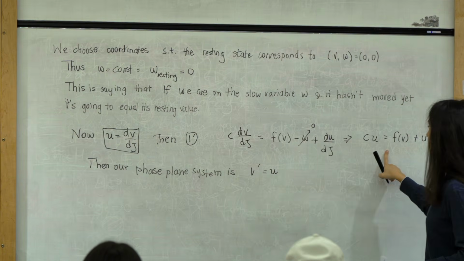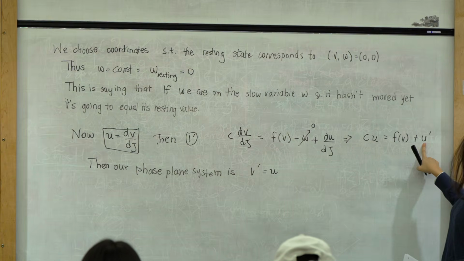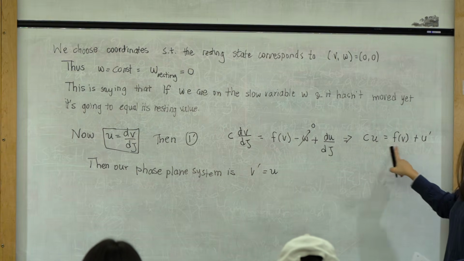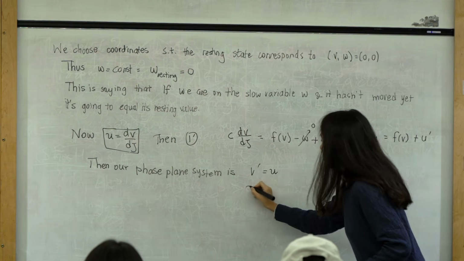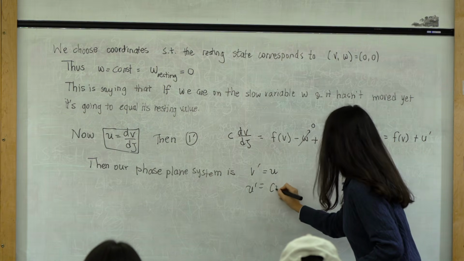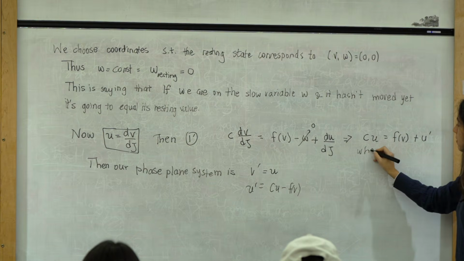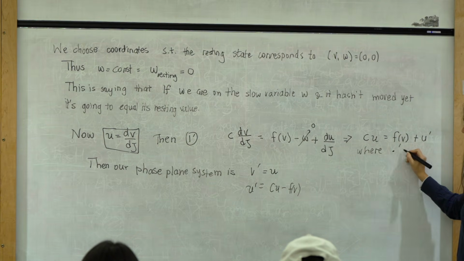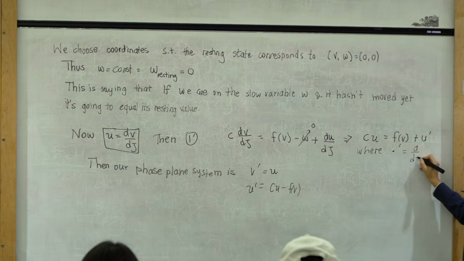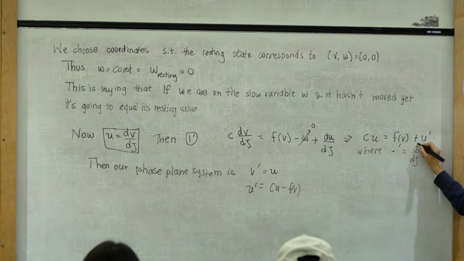And then I also have this. So I can rearrange this and write u prime is equal to cu minus f of v. So this is now cu minus f of v. And so that you remember, now prime denotes the derivative with respect to zeta. Is that fine?